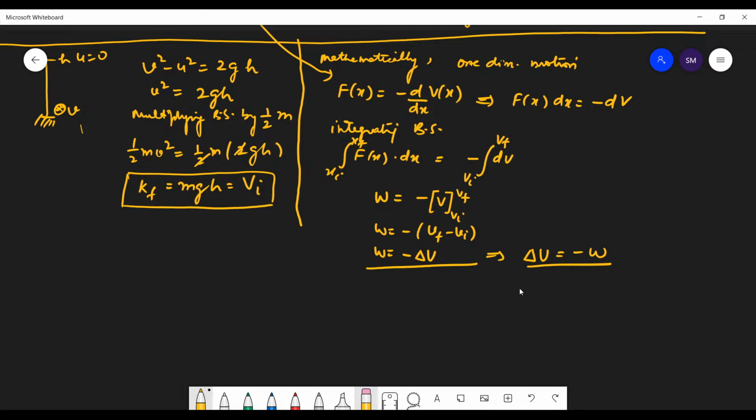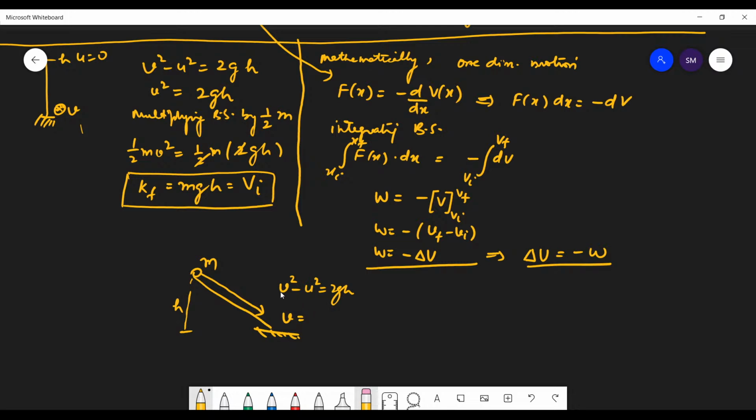And we have done that, suppose this is vertical height h, and I have dropped this ball from here, this frictionless surface, and this is mass m, and this ball is going to hit the surface with a velocity that is, with the same formula, v square minus u square is equals to 2gh.